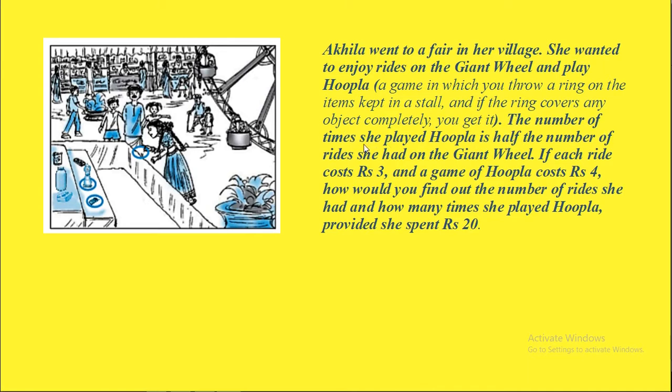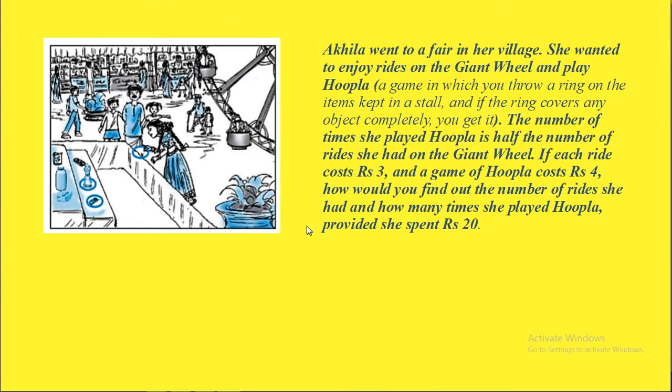And the number of times she played hoopla is half the number of rides she had on the giant wheel. And if each ride costs ₹3 and a game of hoopla costs ₹4, how would you find out the number of rides she had and how many times she played hoopla, provided that she spent ₹20?